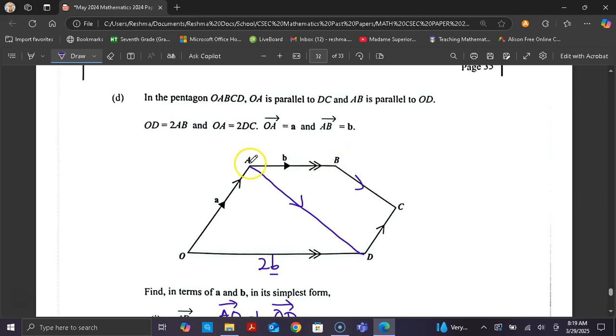If we go from B to A, then from A to D, which we have already, and then from D to C. Or we could go all the way around from B to A to O, O to D, and then D to C. Now, they told us that OA is equal to 2 times DC. So if OA is A, then DC will be half, because OA is 2 times DC, so DC has to be a half of OA. Right? So let's write that here.